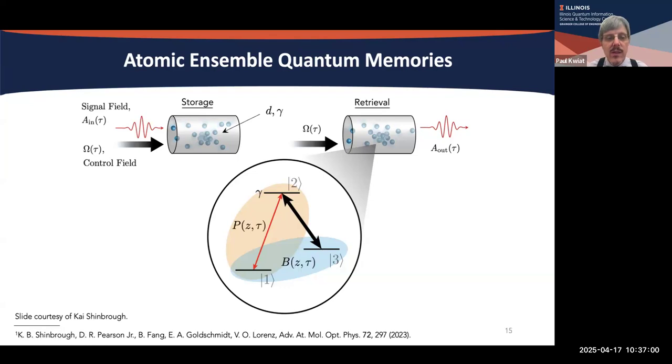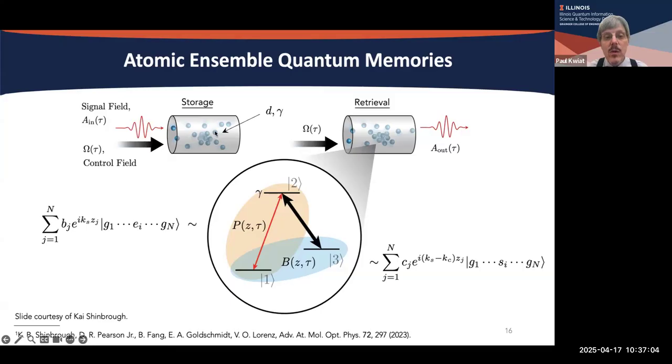And if we do this with an ensemble, if it's only one photon coming in, then only one of the atoms in this whole ensemble will be excited, but we don't really know which one. So we have this superposition, and then when we send in our control pulse, it basically undoes that superposition because all the relative phases between all the different atoms have been maintained, and then we can get the photon to be spit back out after some time.